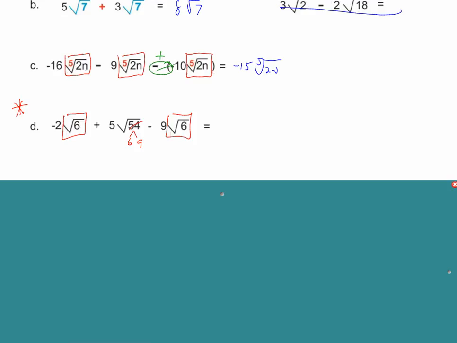Can we take the square root of 9? We can. We all know the square root of 9 is a 3, right? And we just got a 3 out. And so this is a 3 times 5. And now do you see how we actually have all like radicals? So you always got to be looking to simplify to see then if something will add.